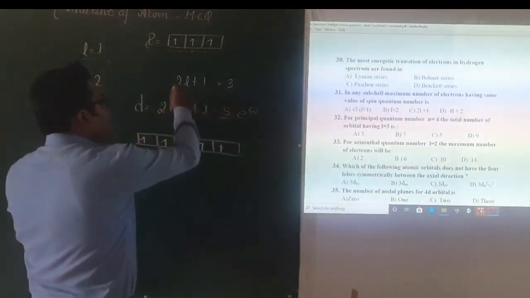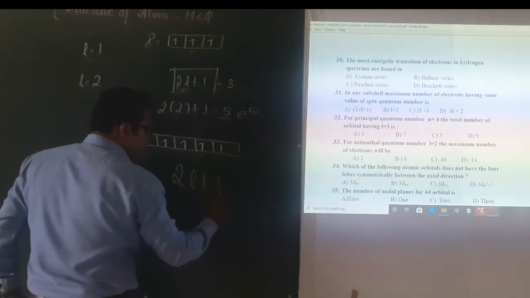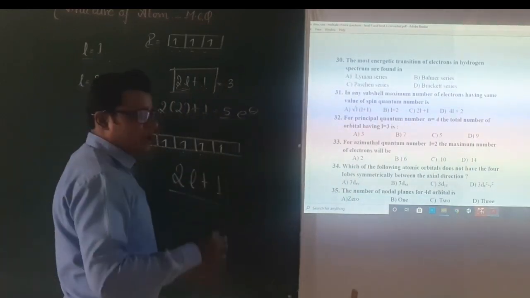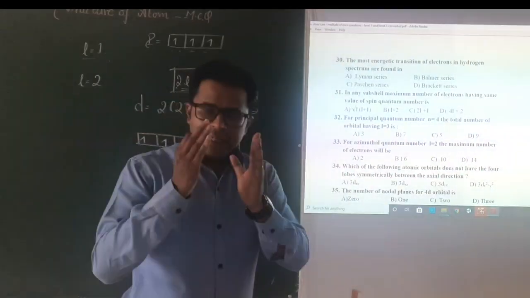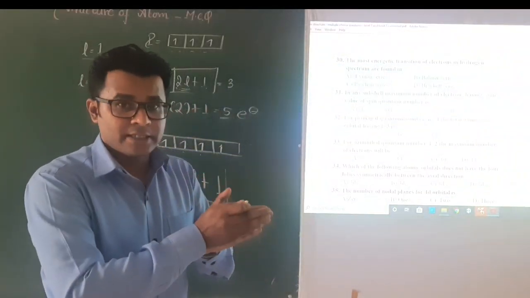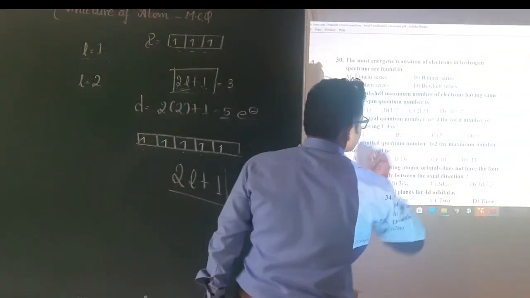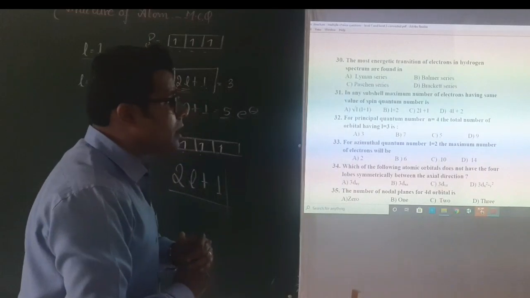So you can apply the formula 2l plus 1 to understand how many electrons in a particular subshell can have the same spin. The answer for question number 31 is C, 2l plus 1.